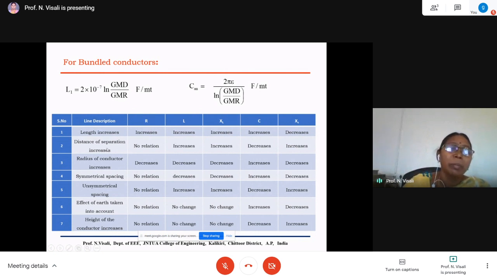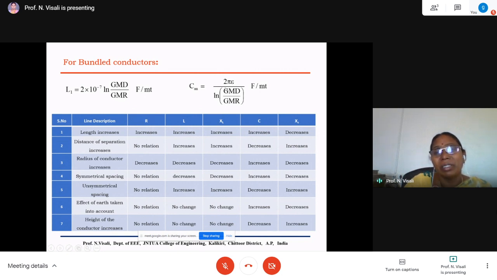Then distance of separation increases. Distance of separation means conductor to conductor. If the distance increases, what will happen? The resistance will not have any relationship with the distance, so no relation. But the inductance has the distance in the numerator. So as this distance GMD increases, L increases, and then ωL increases.